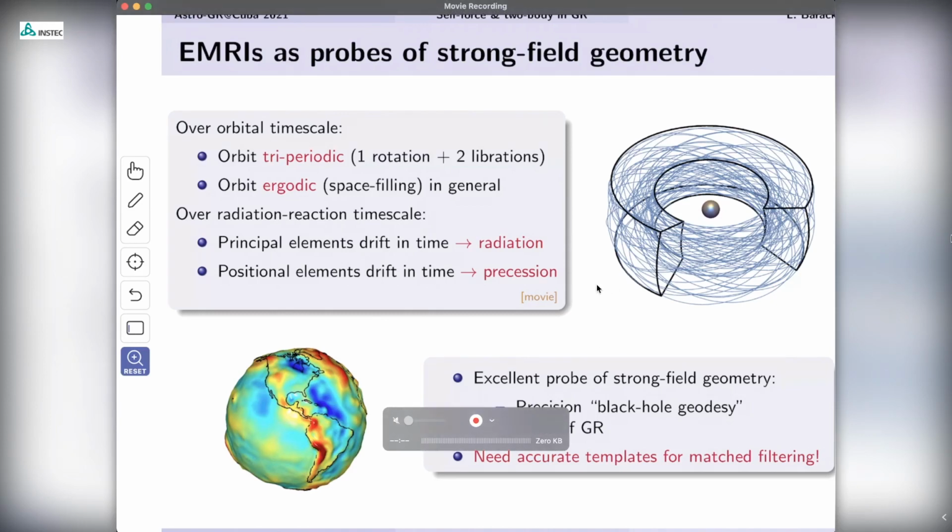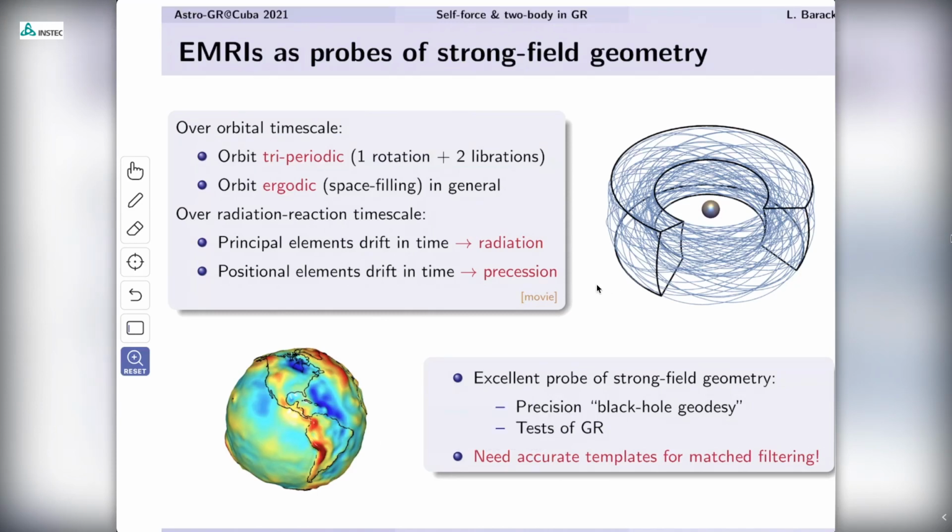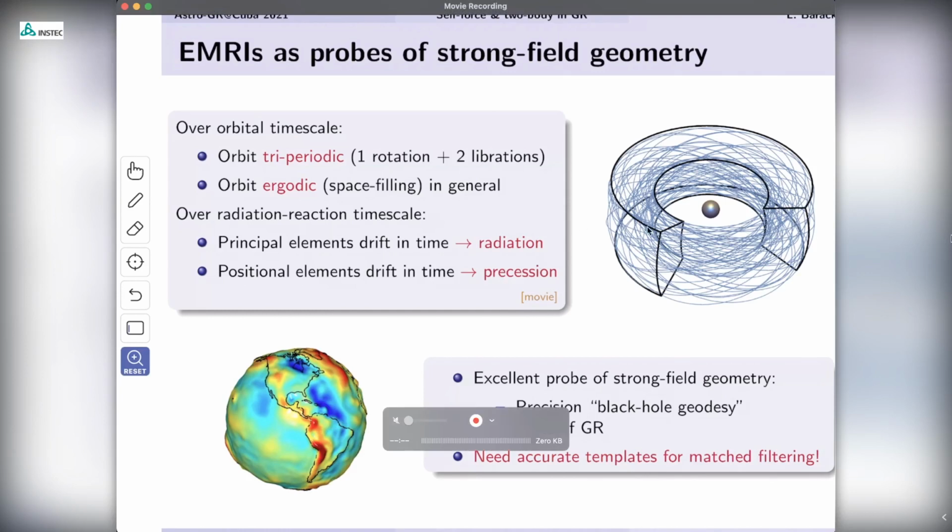Well, you say here over orbital time scale, the orbit is ergodic in general. What do you mean with that? So is it always space filling, or is it sometimes, or you know the answer, right? Yeah. So when the orbit hits a resonance, I mentioned that there are two frequencies: one radial, going out and in and out, and another longitudinal, going up and down.